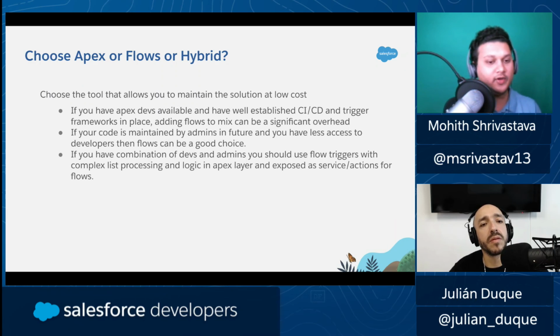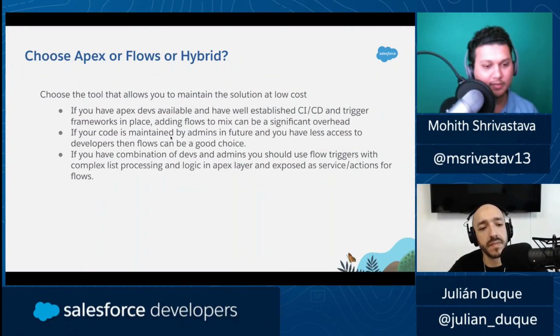Like Julian, if you have well-established patterns, mixing both flows and Apex triggers, you have to be really careful. Inside flows, you can have plugins for Apex. That's good. But having, let's say, on the same object, flows, triggers, workflow, and process builder, you're definitely running into a mess here, and you need an architectural pattern. So just remember that.